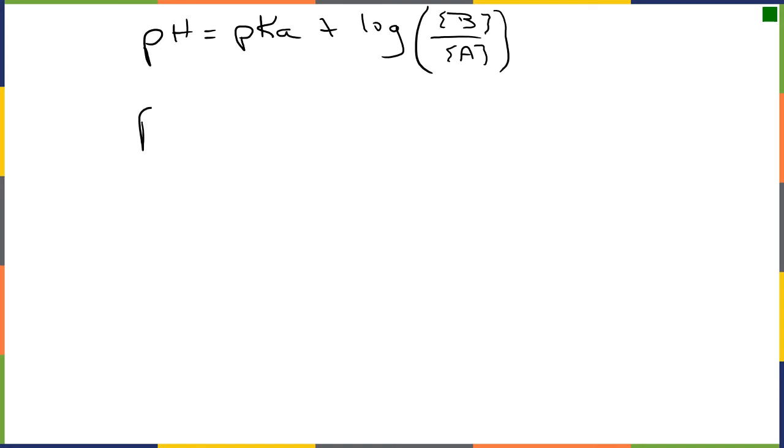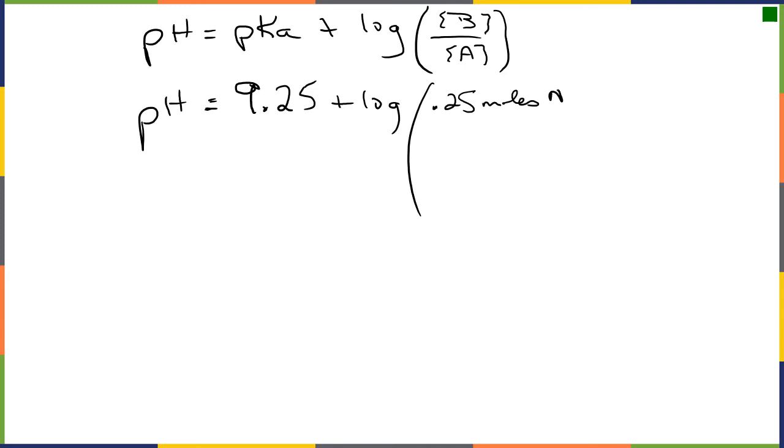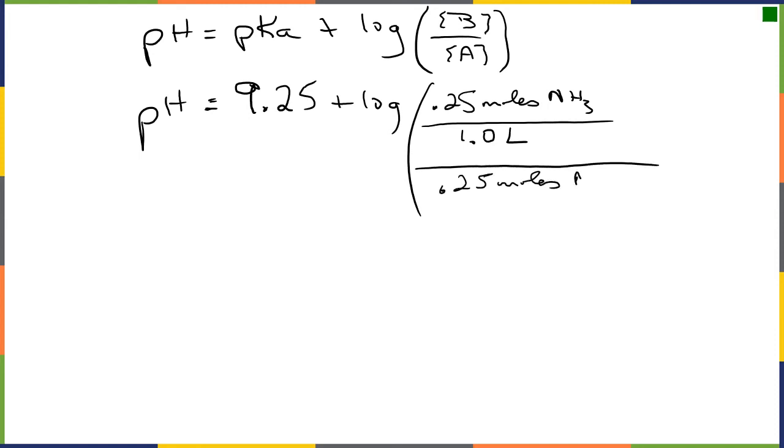pH is equal to pKa. We already got pKa for the first part, which is 9.25, plus the base 10 log of the base. Now we have 0.25 moles of ammonia. In order to get concentration, we need to divide by the volume, 1 liter, over 0.25 moles of ammonium, NH4+, divided by its volume of 1 liter, and we can see what we have.